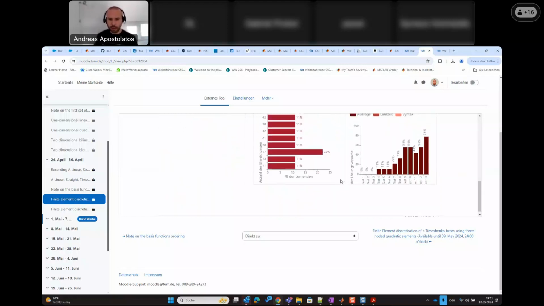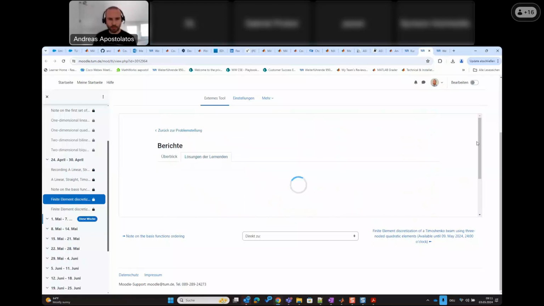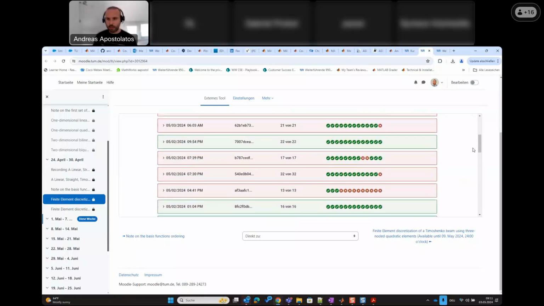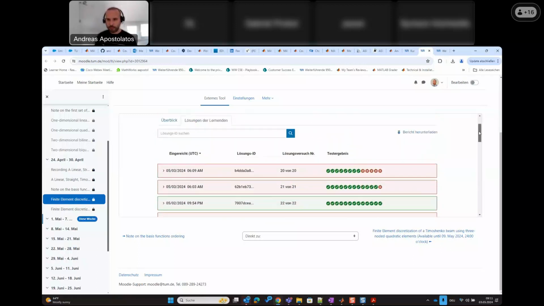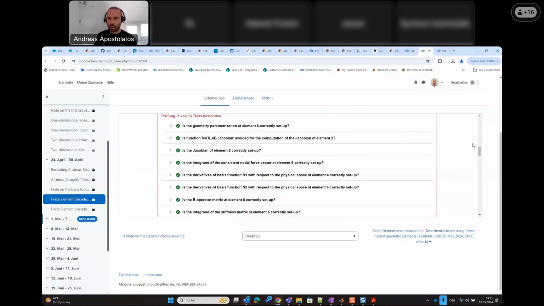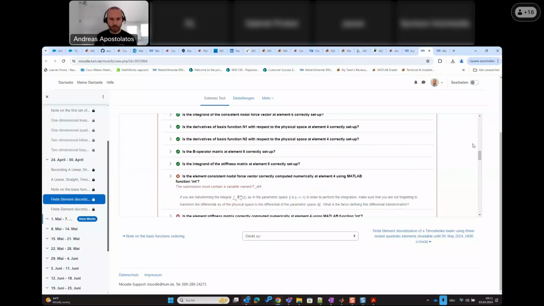I also wanted to look at the individual solutions. Maybe just take an example. First one, to see how things are doing here. So the colleague here managed to go up to the integrand of the stiffness matrix at element 6. There is an issue here with the load vector.